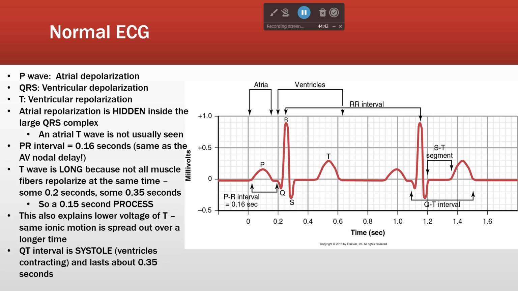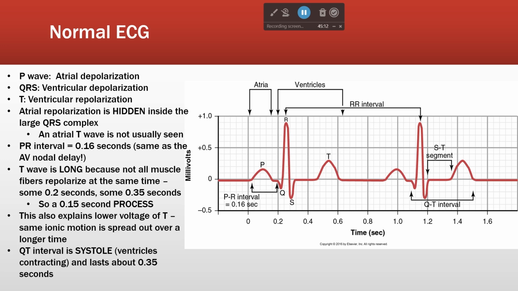So there's a wider distribution of time. We don't get everything happening at the same time. Relaxation happens over a wider range, so we have a wider T wave. That's also why the voltage of the T wave is lower, because the cells are not all repolarizing at exactly the same time like we see with ventricular depolarization.